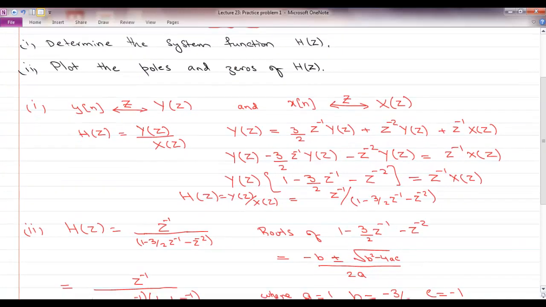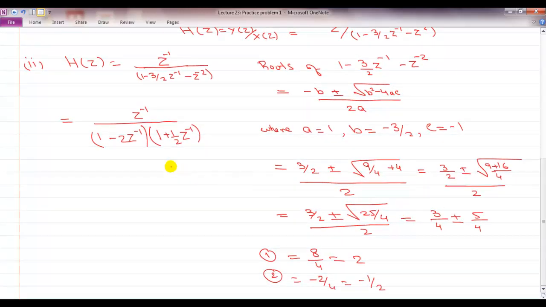So the question is asking to plot the poles and zeros, and we now know that we have a pole at z equal to 2, and we have a pole at z equal to minus 1 half.